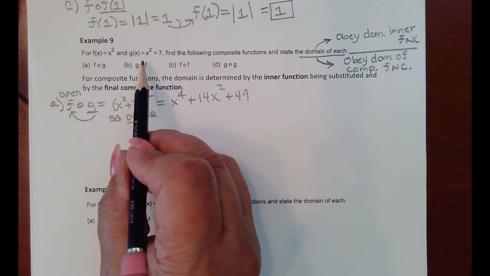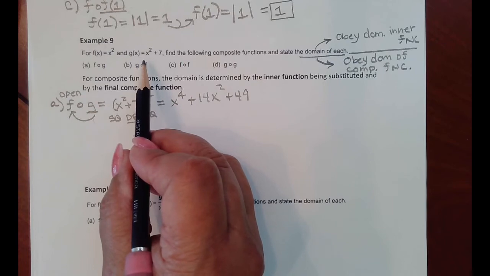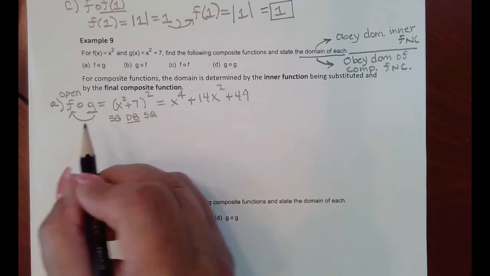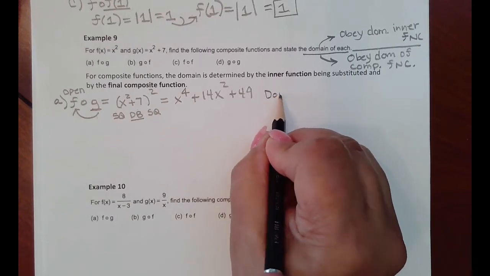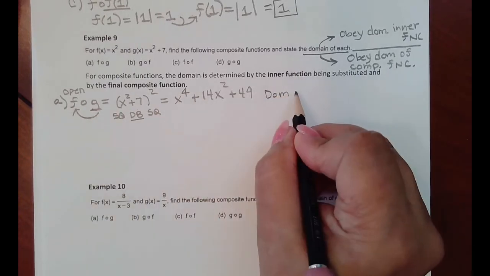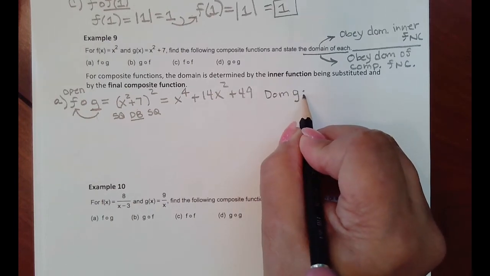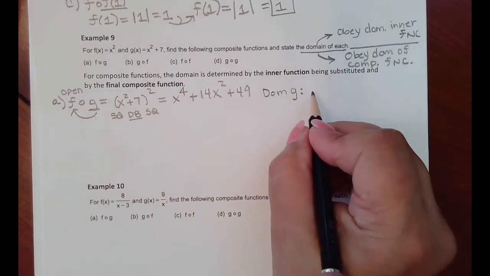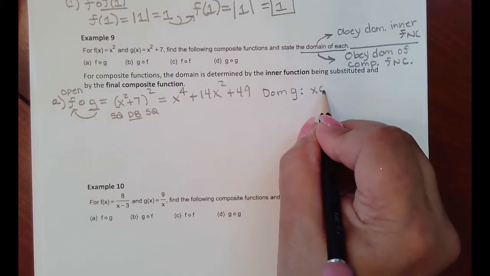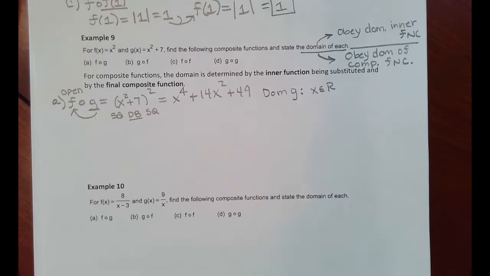So when it's a polynomial, it's not a fraction, it's not a radical. That means that the domain of the inner function, which happens to be called g, and once again, this is the g function, it's just a polynomial, therefore the domain can be any real number at all. There are no restrictions on it.